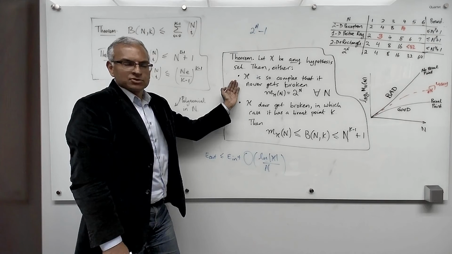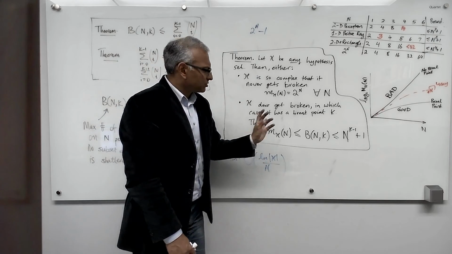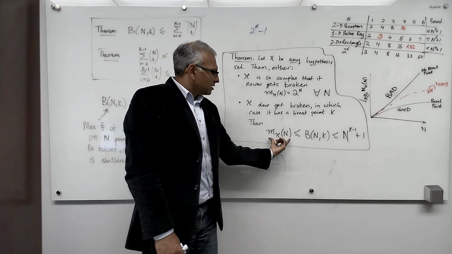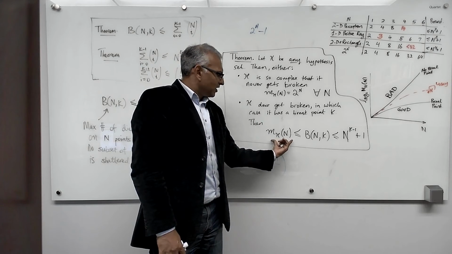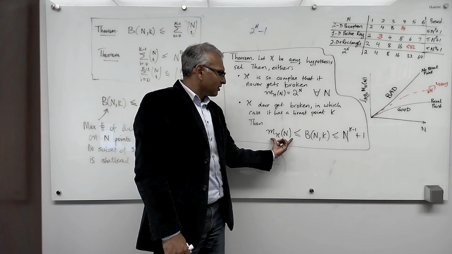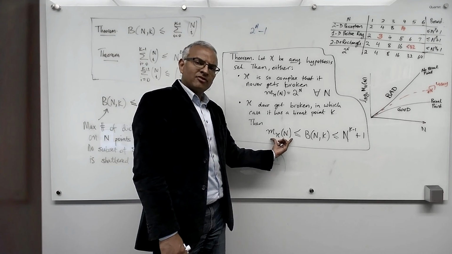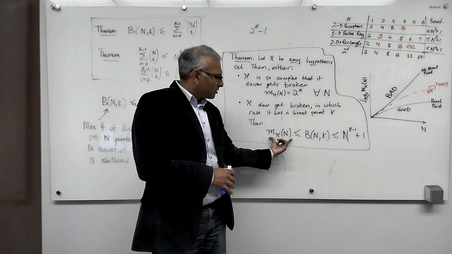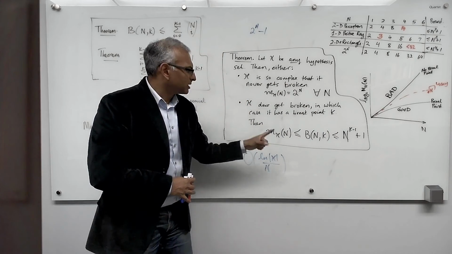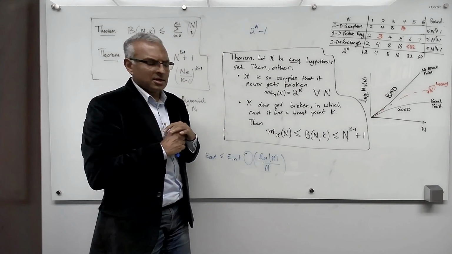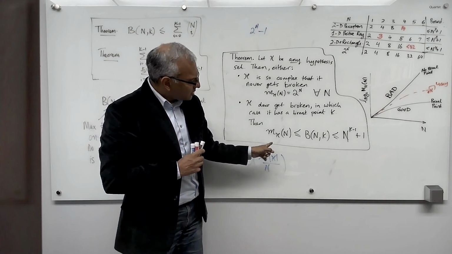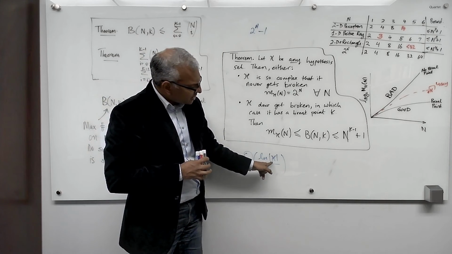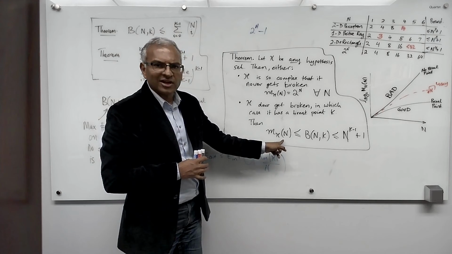So our main goal for this lecture was to establish that we can indeed show that this effective complexity, this effective number of hypotheses, the number of hypotheses when viewed through the lens of a data set of size n, is at most a polynomial in n. It's a huge step. The next step is, can we replace the size of the hypothesis set in here with this effective complexity?